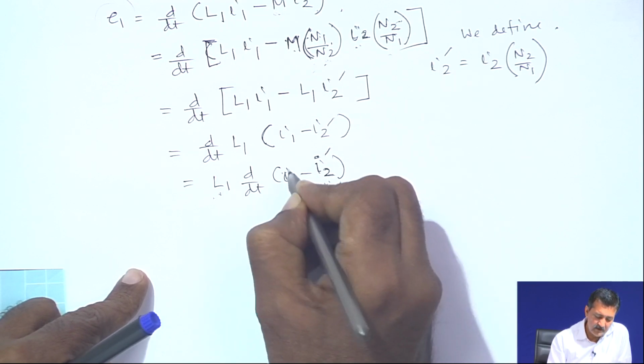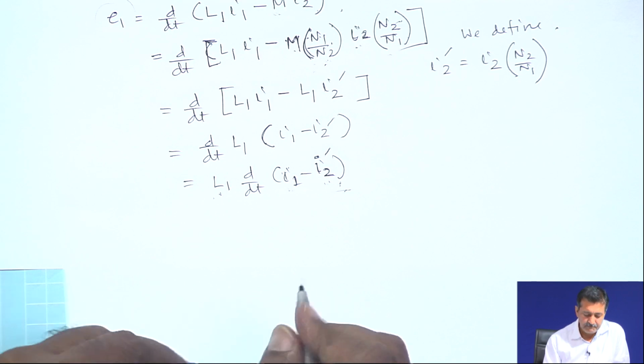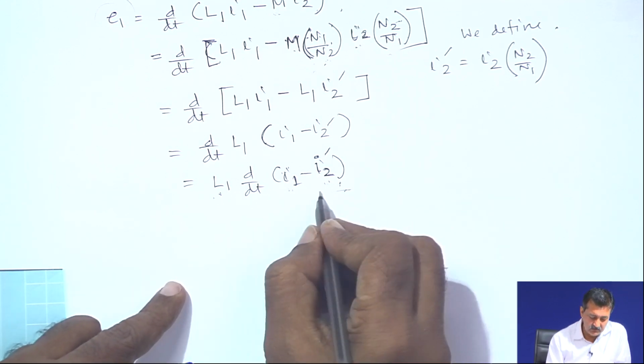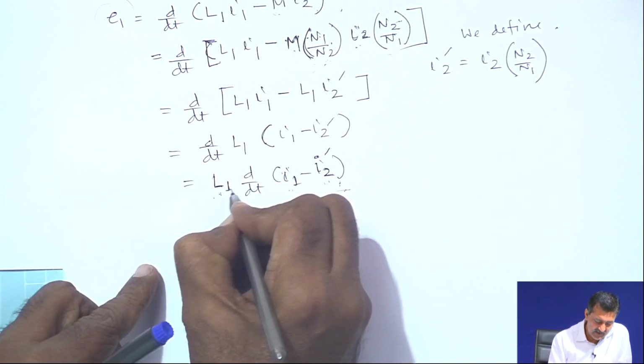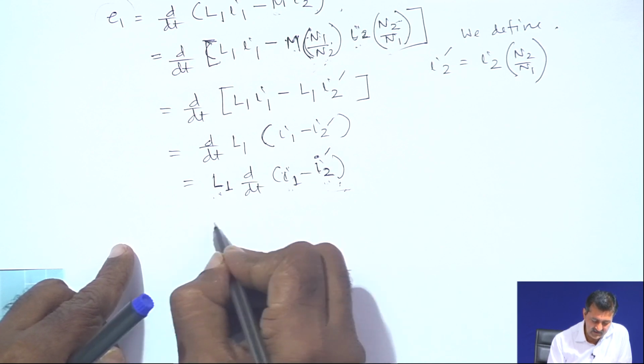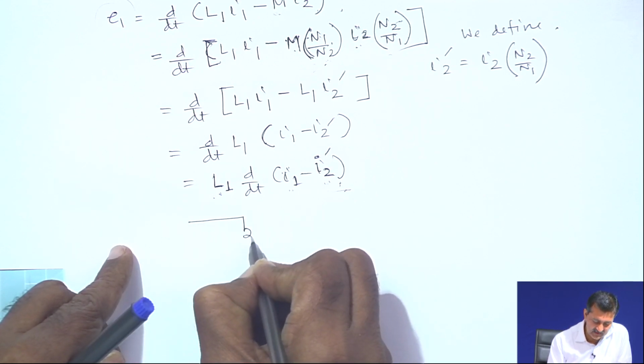So, why this is becoming interesting is that we are able to replace every equation. That means I can think that the circuit is like this.